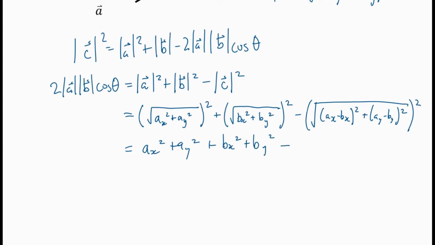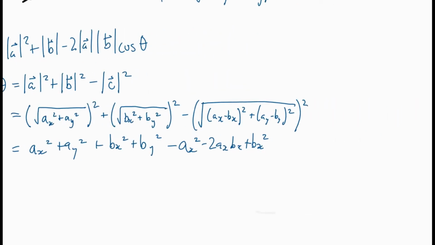minus, and I'm going to do two things here. The square root and the square are going to cancel out, and I'm going to expand both of those binomial squares. So this is ax squared minus 2axbx plus bx squared.